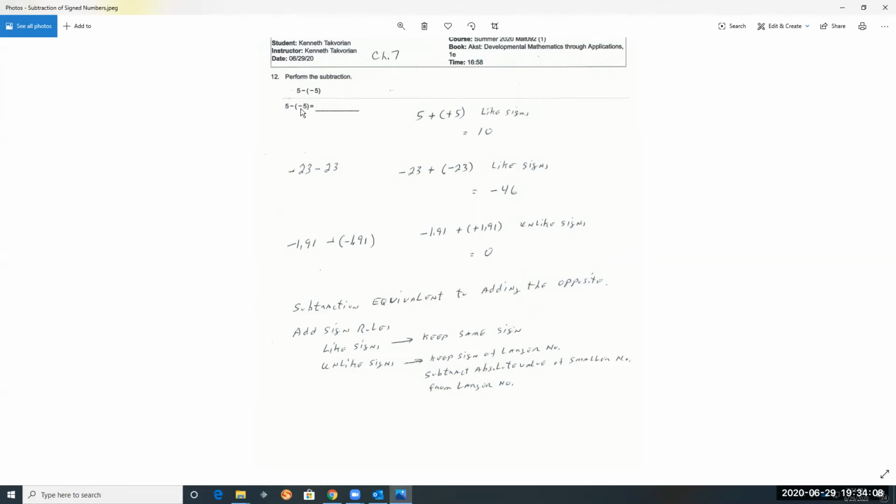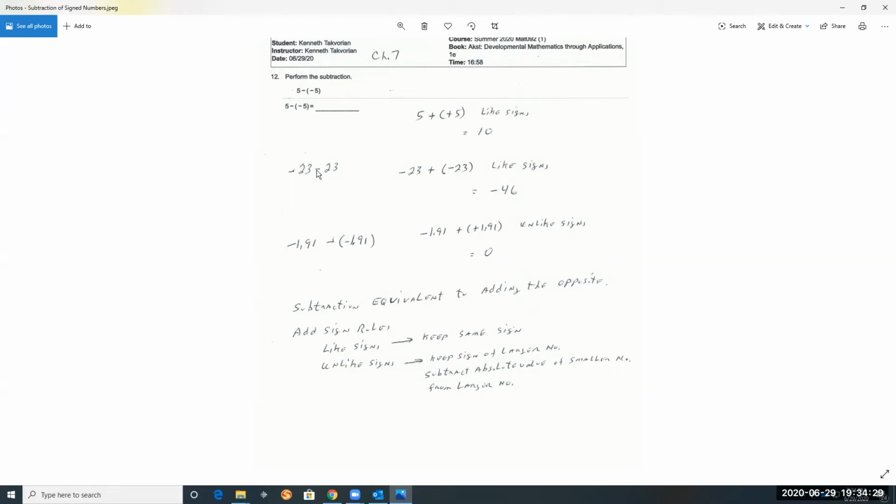The opposite of negative 5 is plus 5. We are now adding like signs, so we keep the same sign, positive, combine the numbers, and we come up with 10.